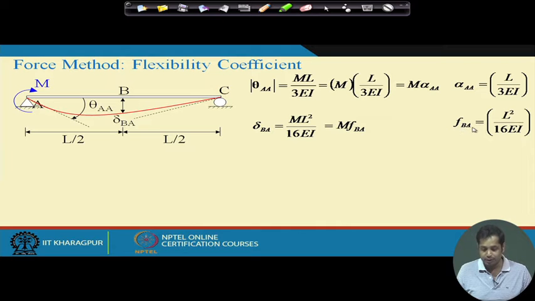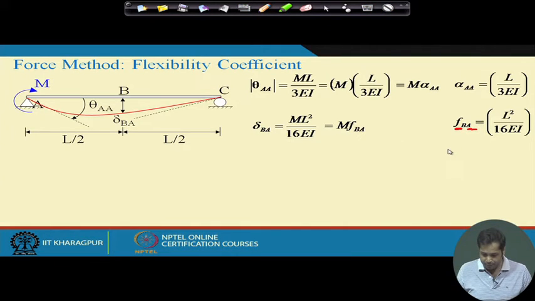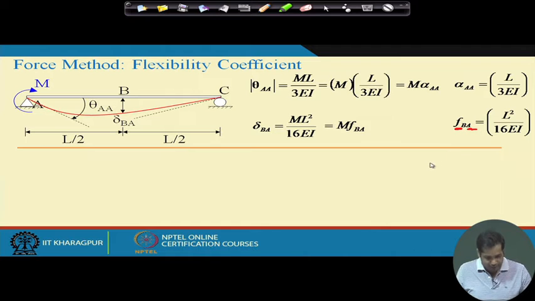FBA is the flexibility coefficient associated with the moment at A and displacement at B. So, this flexibility coefficient relates displacement at B due to the moment at A. Okay. So, these are flexibility coefficients.